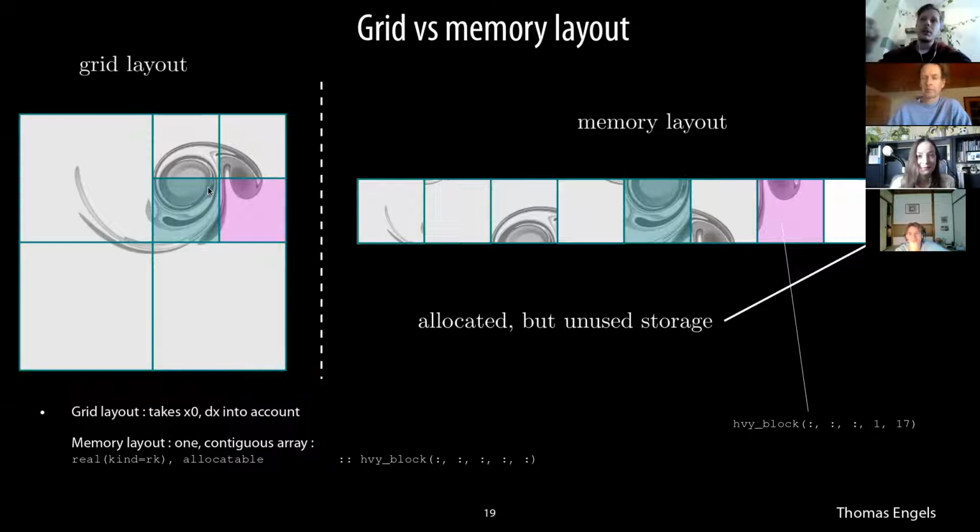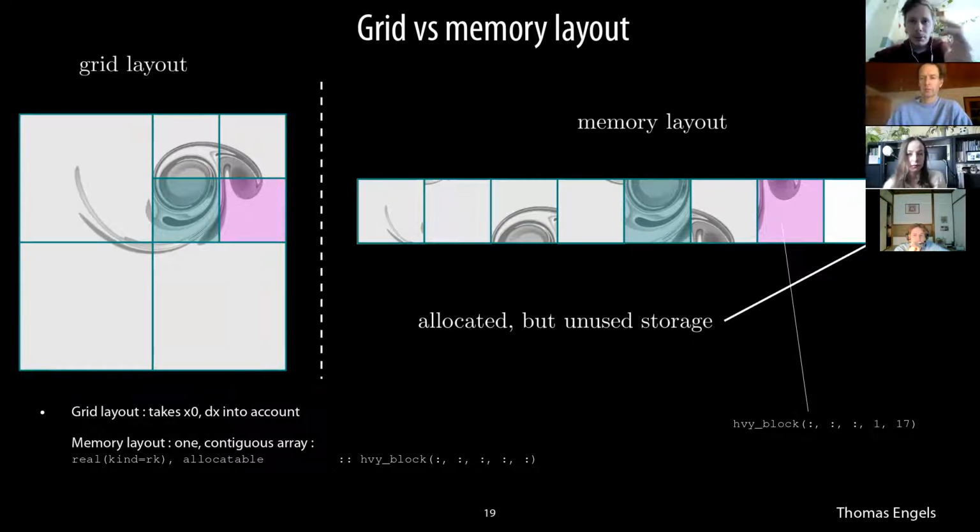So the mapping from grid layout to memory layout is done using this LGT block array, and this is how it looks in memory. And you also see what I point out here. What we do in this code, we allocate in the beginning and only once this gigantic heavy block array, regardless of how many blocks we use.